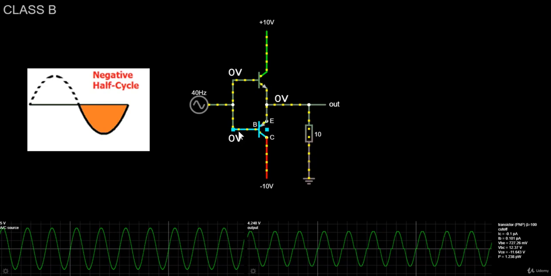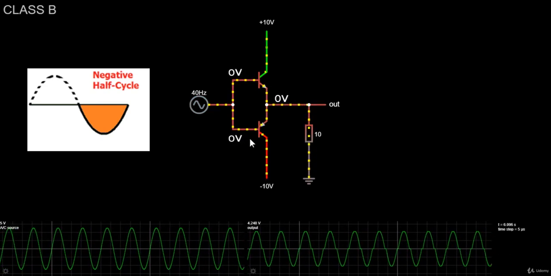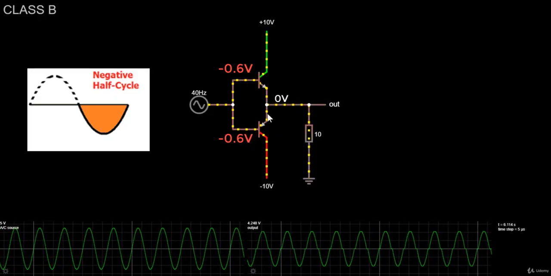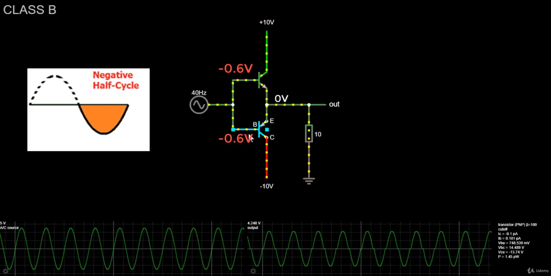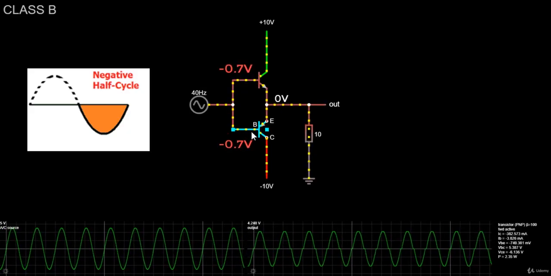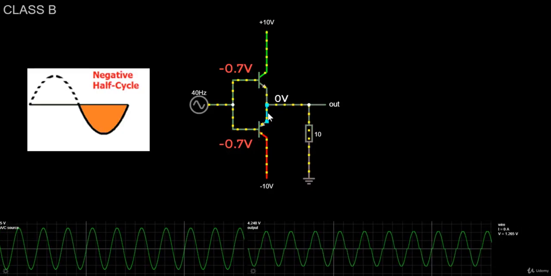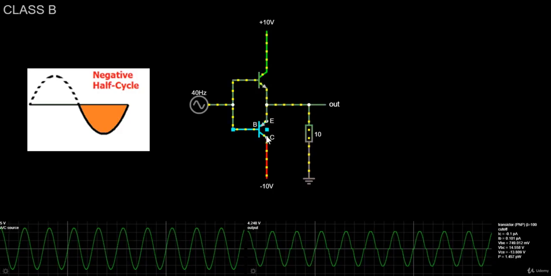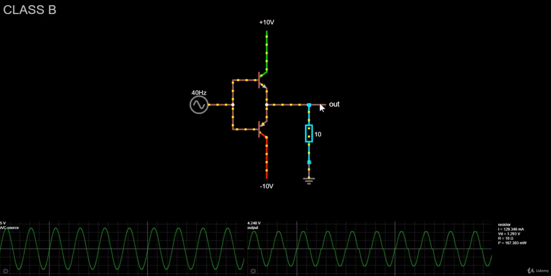The input signal starts going lower than 0 volts, it almost reaches minus 0.7 volts, and the emitter is still at 0 volts. The moment the input signal is equal to or lower than minus 0.7 volts, the base will be one diode drop lower than the emitter, so the PNP transistor will start turning on. Alright, I hope you understand how the circuit works right now.